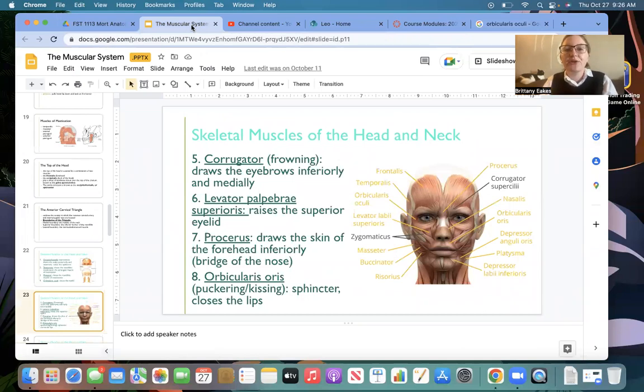Next, we have the corrugator or the frowning muscle. It's going to draw the eyebrows inferiorly and medially like this. You're frowning.